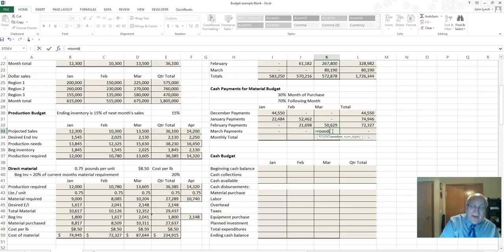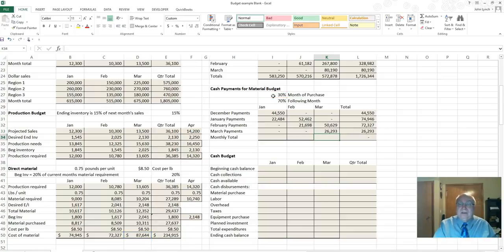And in March, we will pay 30% of the March purchase. And okay. So then we add the monthly totals up, which is what we really are interested in, is the monthly totals. Okay. And we have there. So then what we have, that's our cash, that's the example of a cash disbursements budget.